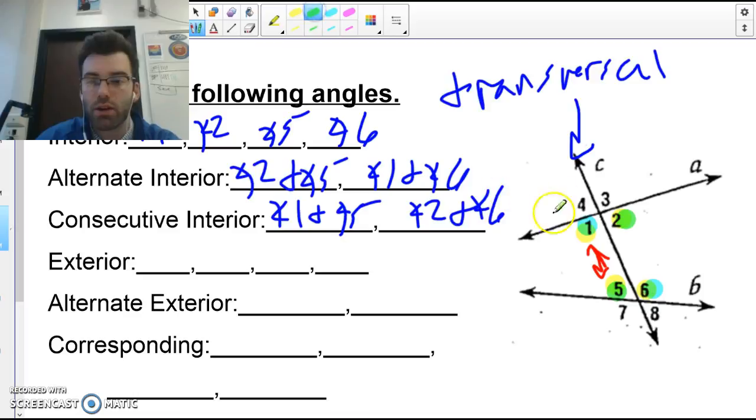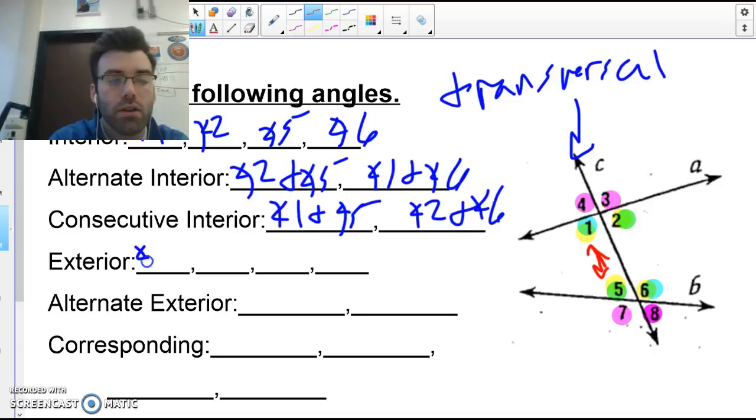Similarly, the exterior angles are on the outside of our two lines. So our exterior angles are angle 4, angle 3, angle 7, angle 8.